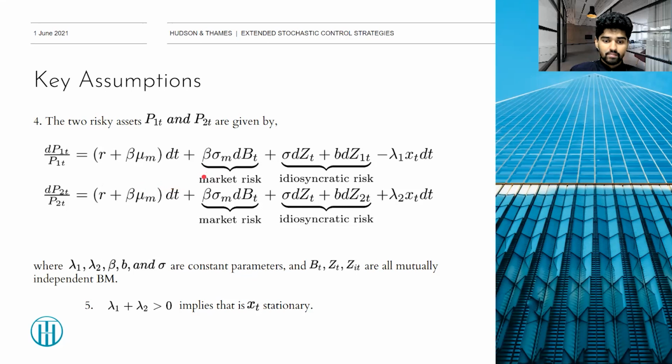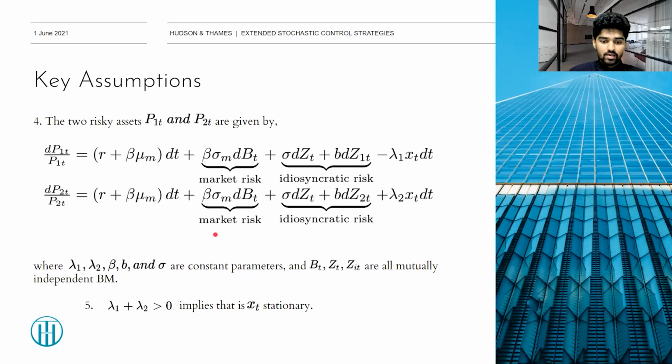The next term is the market risk term, which is common between the two assets. The third term is the idiosyncratic risk term, which is independent between the two assets and denotes the independent risk for each asset. And finally, we have the lambda 1 into xt and lambda 2 into xt terms. I'll talk a bit about these two terms and the intuition behind adding them in the next slide.